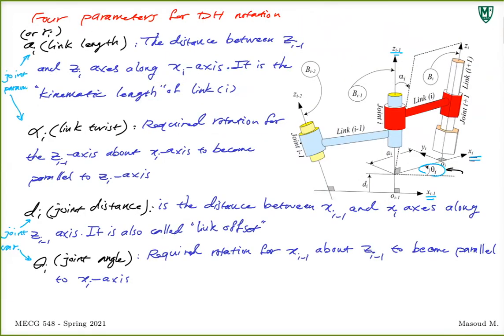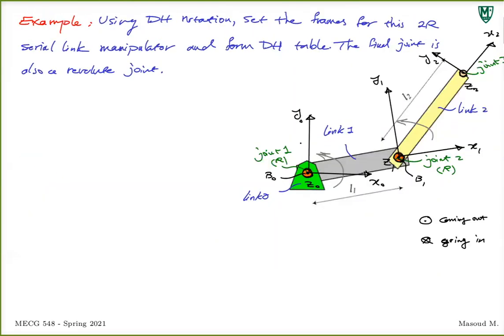Definition again: the distance between the previous frame's z-axis and the current frame's z-axis, along the current frame's x-axis. Again, the distance between z0 and z1 along x1 would be your a1. Let me form the table directly.